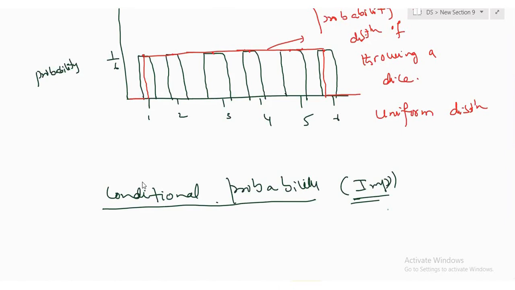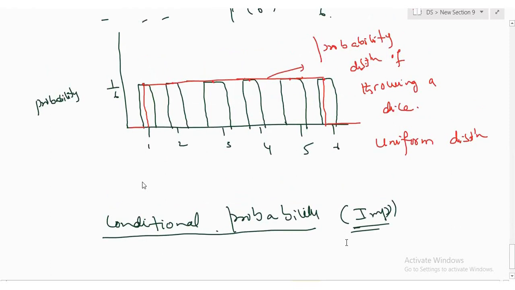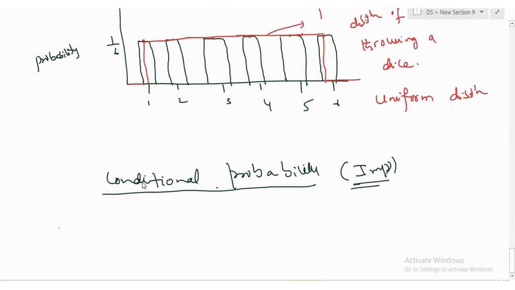Now, what is the meaning of conditional probability? Probability of A, and this is not divided by; it is called a pipe.